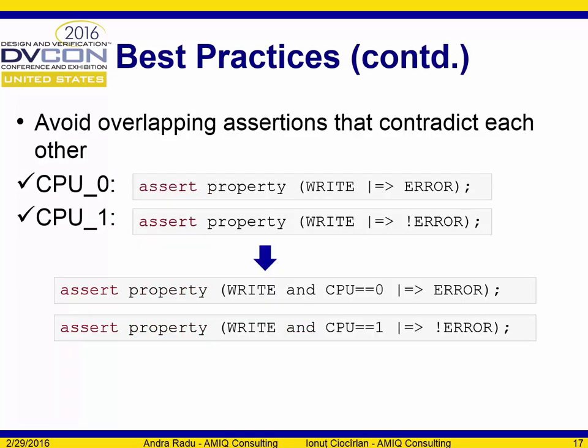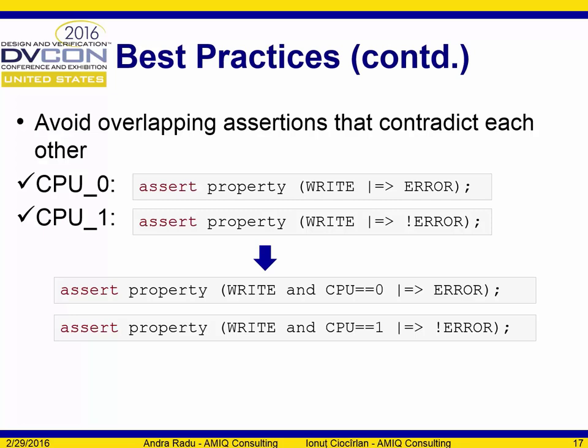Another best practice would be to avoid having assertions that could contradict each other. So for example, we have here two CPUs. They have different behaviors. One, if it receives a write instruction, issues an error. The other one would never issue an error. If you put this in two separate files, and we haven't minded the ID of the CPU, and we reuse the assertions, we could end up with one passing and one failing in different simulations.